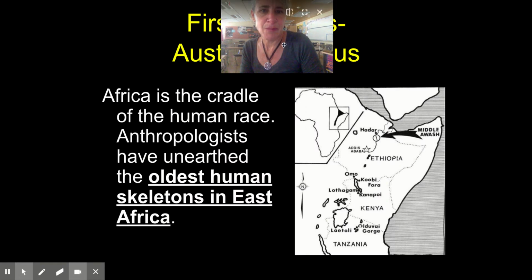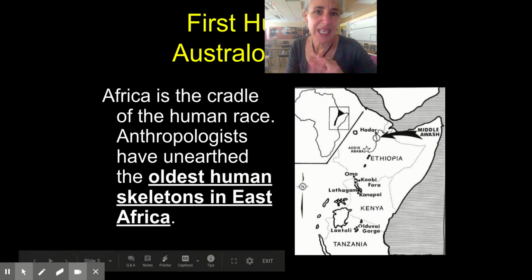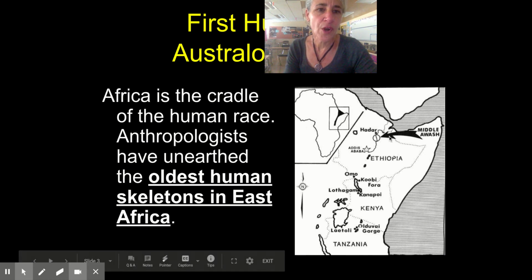You're going to look at it a lot more carefully. You're going to look at where the oldest skeletons are. People have all this technology to date rocks beyond just DNA and modern ways. They've been dating rocks for years, and not just rocks, but obviously fossils, which turn into rocks. This is the Horn of Africa, Kenya, Tanzania, Ethiopia.